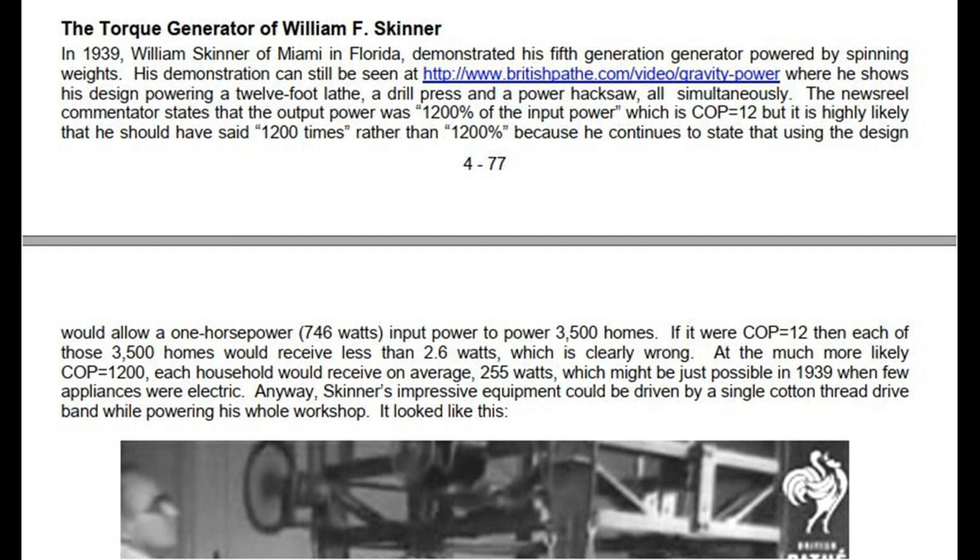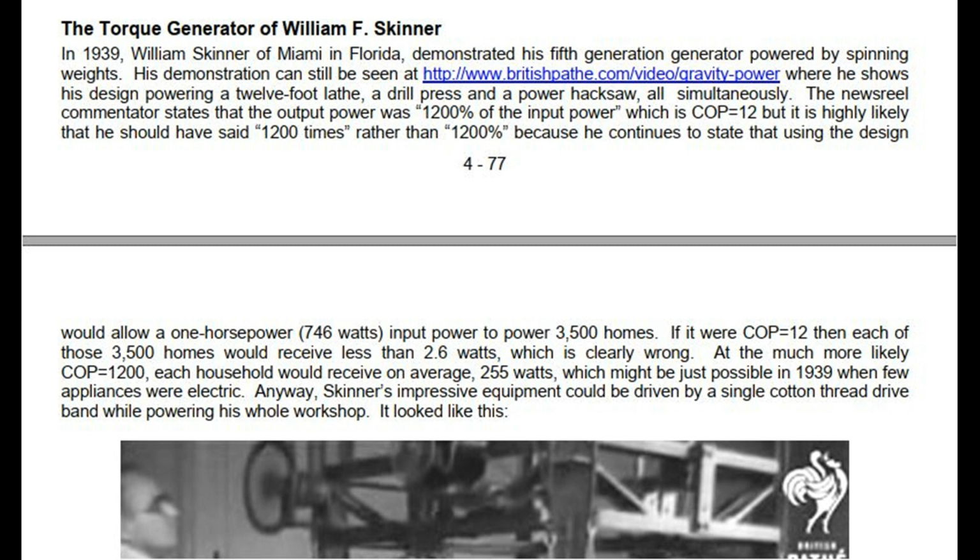The newsreel commentator states that the output power was 1200% of the input power, which is COP equal 12, but it is highly likely that he should have said 1200 times rather than 1200%, because he continues to state that using the design would allow a 1 horsepower, 746 watts, input power to power 3,500 homes.